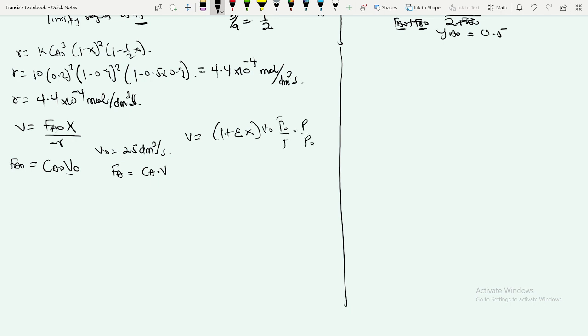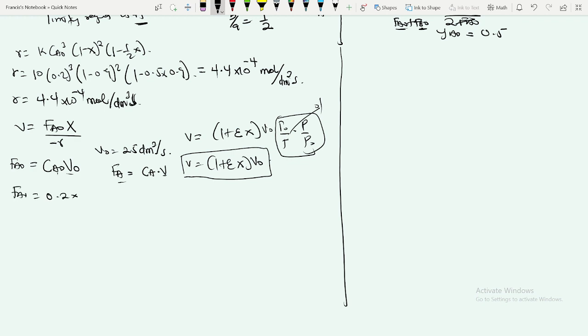Because it's isothermal and isobaric, this part goes to 1, and we are left with (1 plus epsilon x) V naught. But now we need V naught, which was given in the question already. So FA naught becomes CA naught 0.2 times 25, which is 5 mole per second.